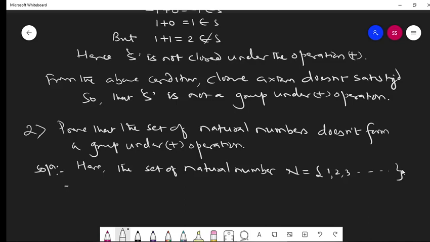First we have to check the first condition, the closure axiom.